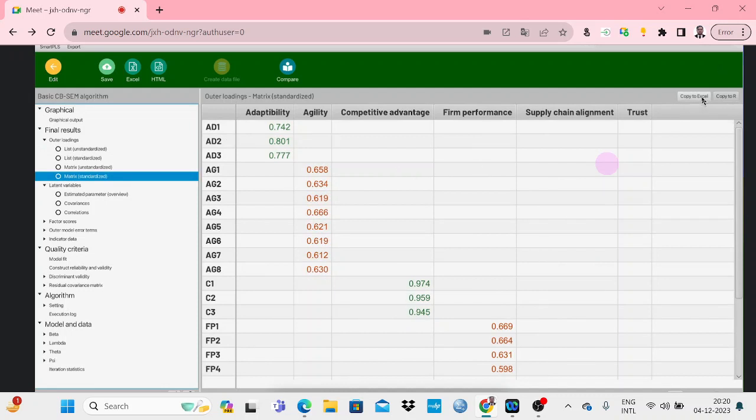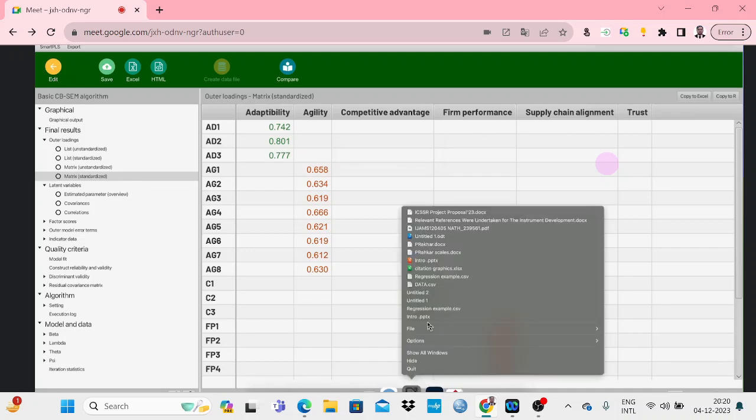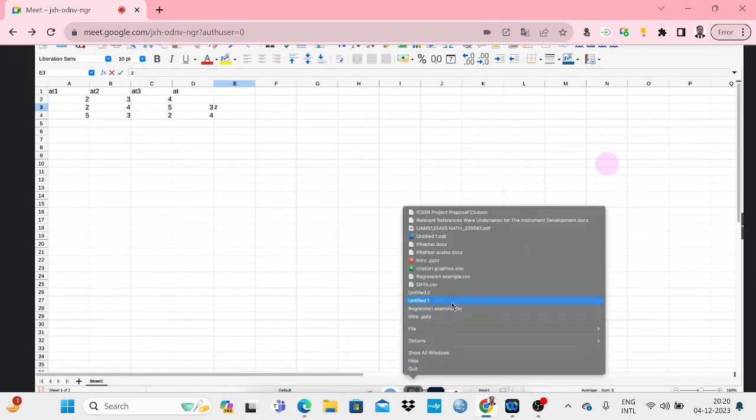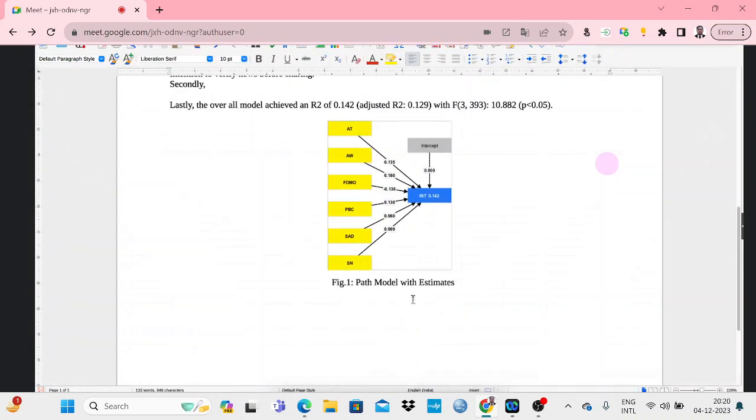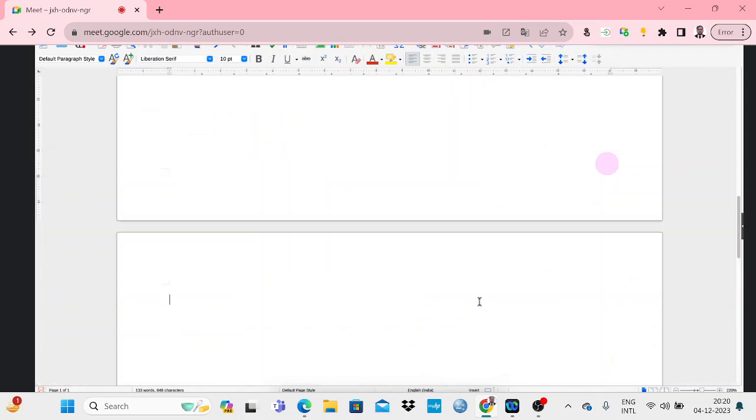So what we do is we just copy it and open our Word document. We go to a new page and paste.